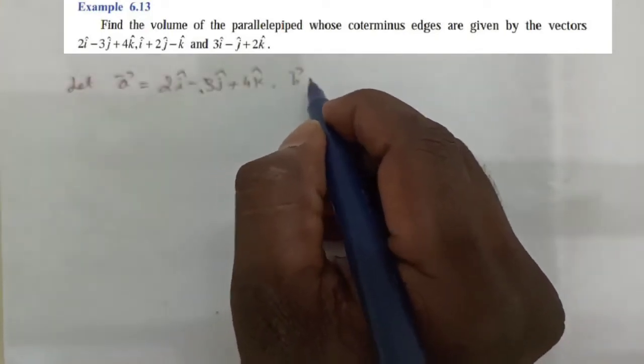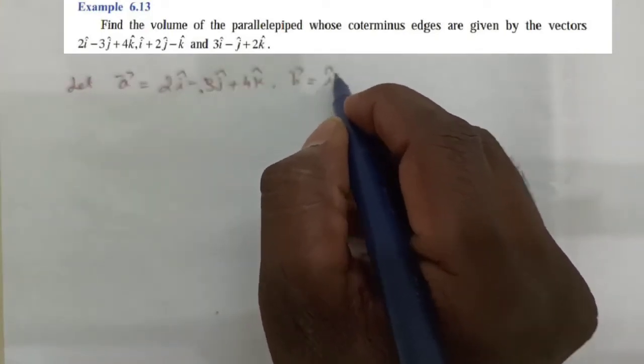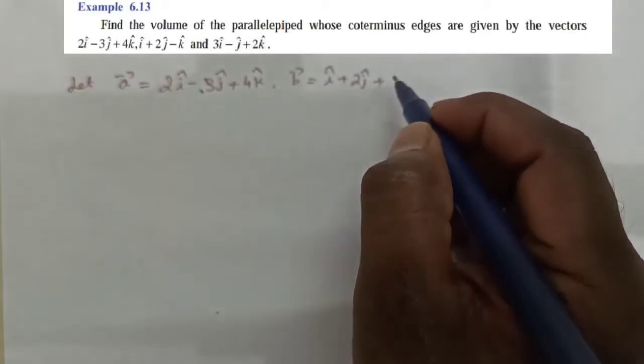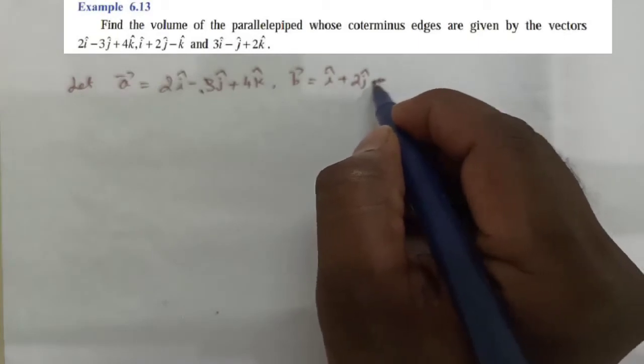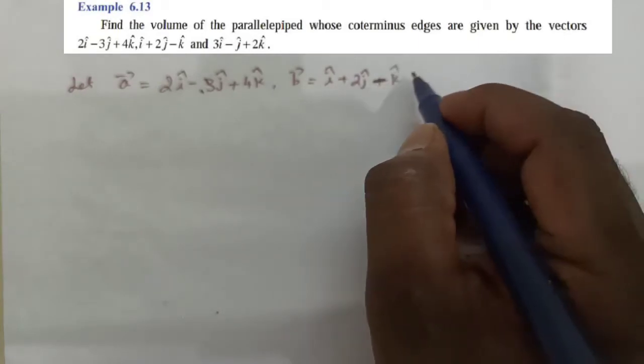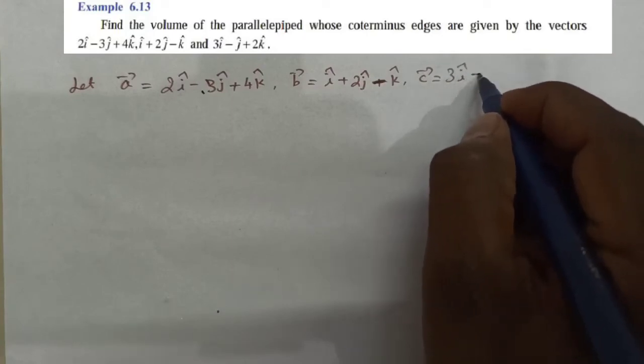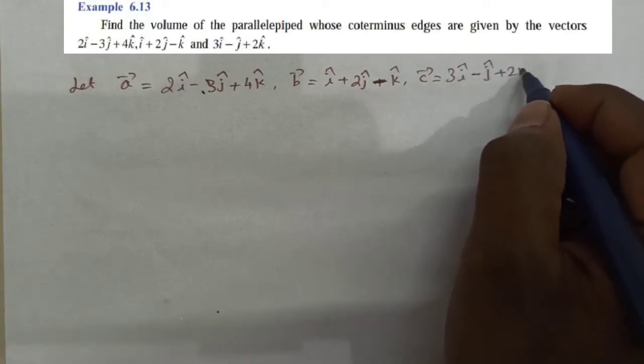Second, b vector equal to i cap + 2j cap - k cap. Next, c vector equal to 3i cap - j cap + 2k cap.